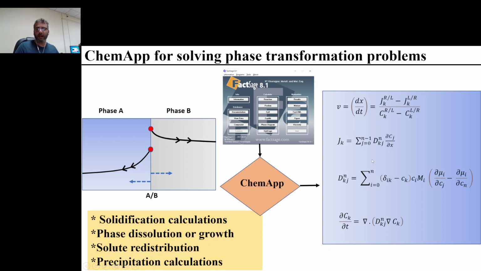Following this methodology, we are calculating phase dissolution and phase growth problems, which I would be showing in this presentation. We are also solving solute redistribution, in other words, doing homogenization calculation. We are doing precipitation and solidification calculations as well.